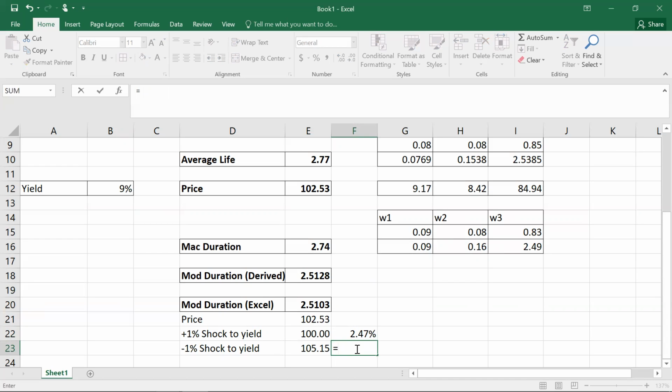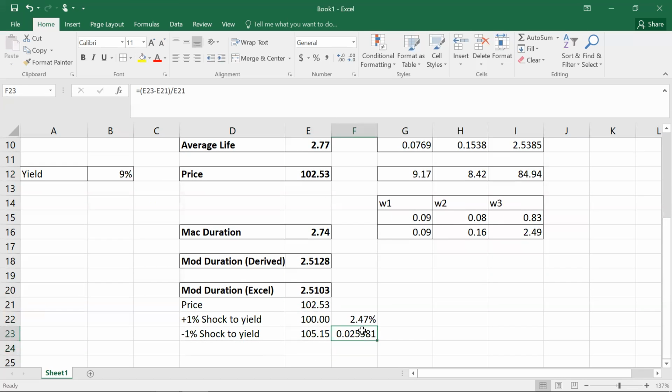Now, this was a 1% increase in yield. Minus 1% means there is a decline in yield. So what will be the percentage change? The price is this after the shock, and earlier it was 102.53.